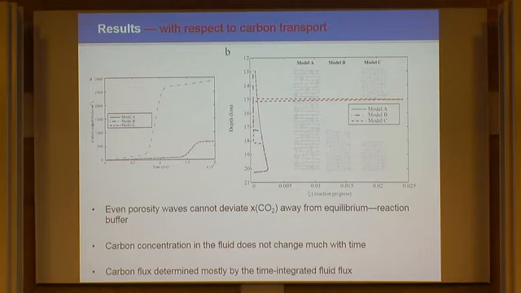Basically, we achieve local equilibrium with the current kinetic parameters. The other thing is that carbon concentration in fluid doesn't change much with time. The third thing is that carbon flux is also determined by the time integrated fluid flux because it's buffered to be at equilibrium.